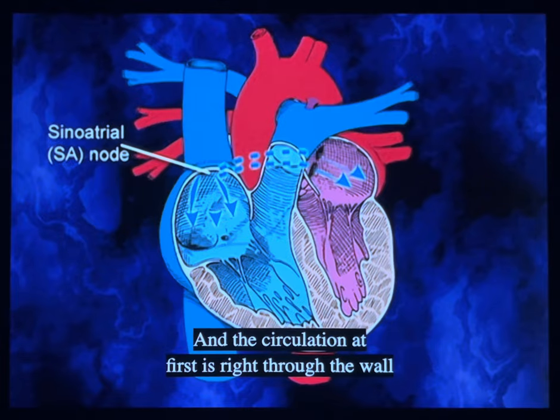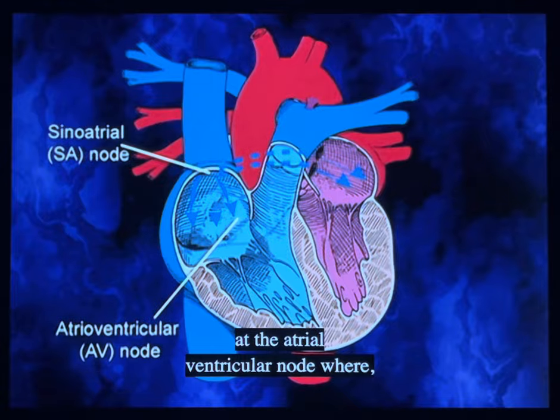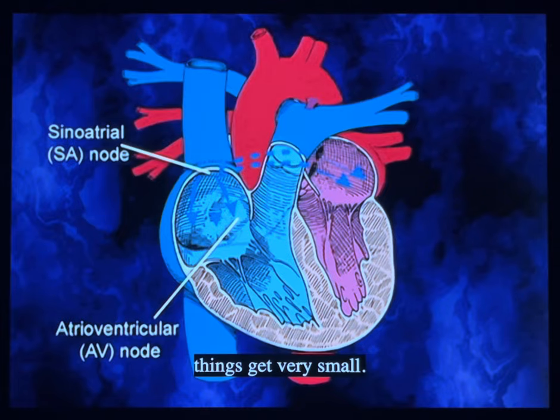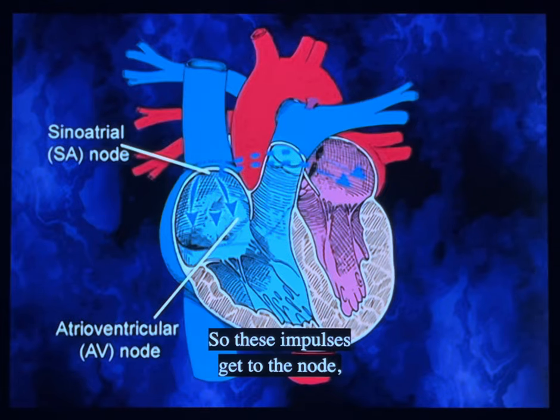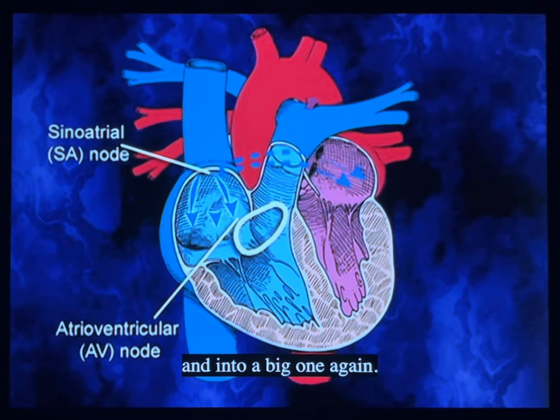And the circulation at first is right through the wall of both atria. Now, these fibers come together right here at the atrioventricular node, where, as you can see, if you look very carefully, things get very small. So these impulses get to the node and then go down through this very thin area and then to a big one again.